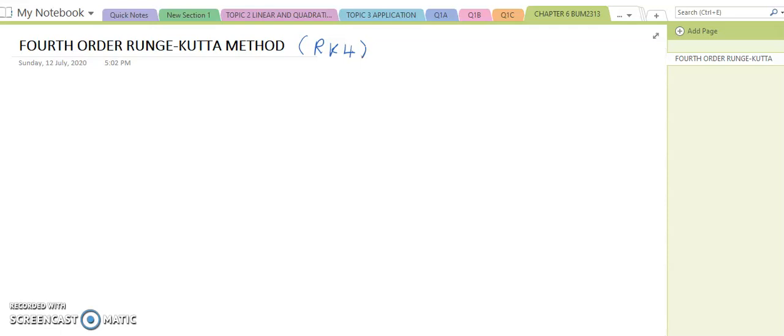Okay, suppose now we want to solve the ordinary differential equation dy over dx, which can be represented as f of x, y, and given the initial condition y of x naught equals y naught, we want to solve this ordinary differential equation by using the RK4 method.